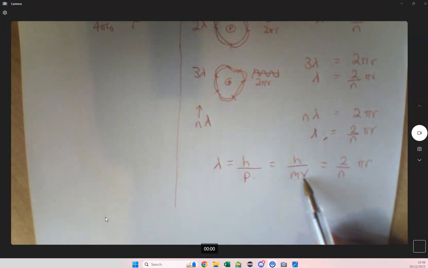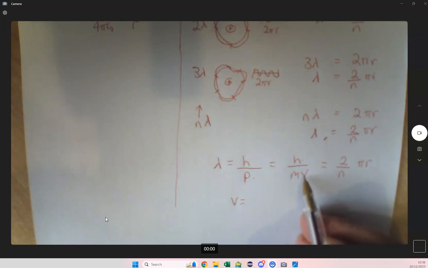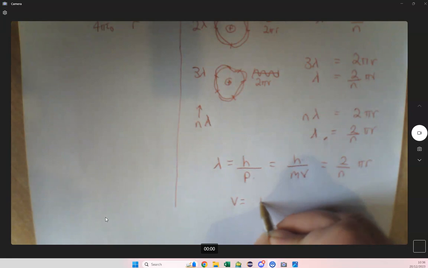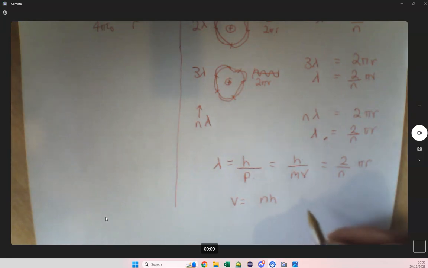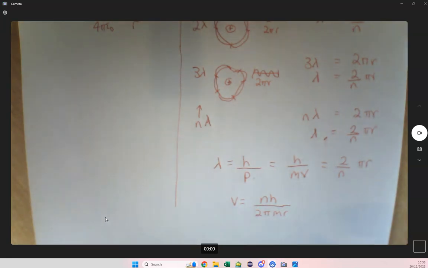So I can rearrange and actually get my velocity. Rearranging for my velocity, I must have v equal to nh upon 2 pi mr. So my velocity is nh upon 2 pi mr. Okay?